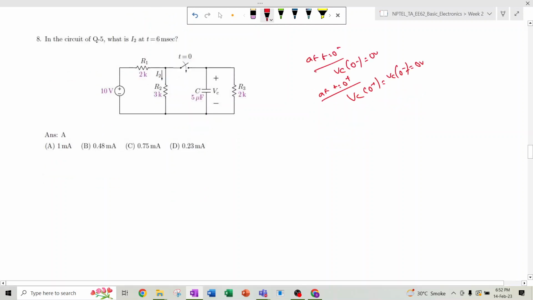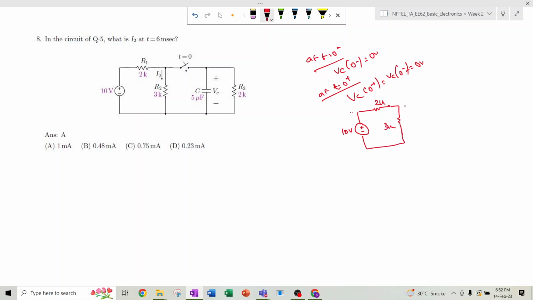At t equal to 0 plus the circuit becomes: 10 volt, 2k, 3k, and the switch is closed.